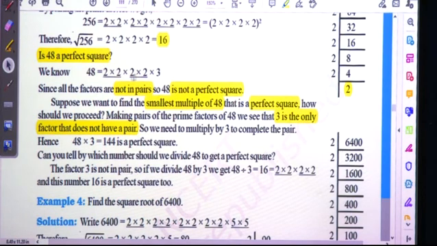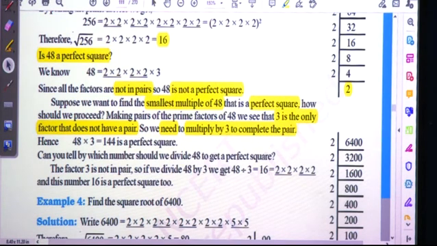2 is in a pair, there are 2 pairs of 2. What about 3? 3 is not in a pair. So, 3 is the only factor that does not have a pair. So, we need to multiply by 3 to complete the pair.